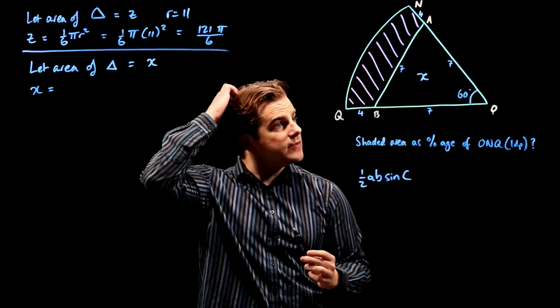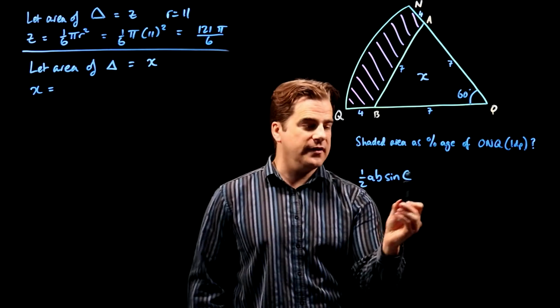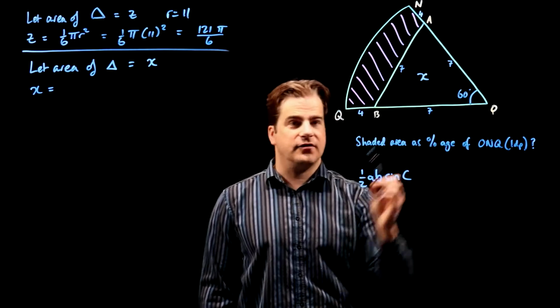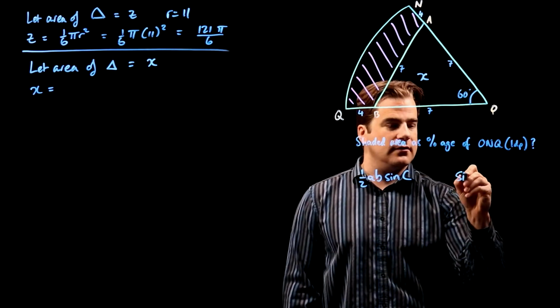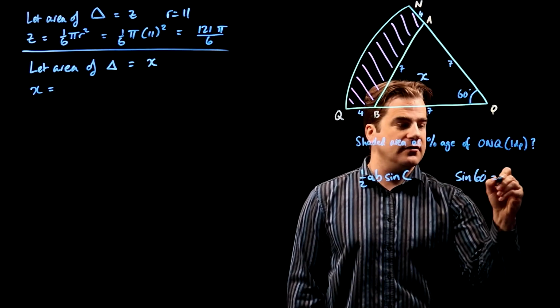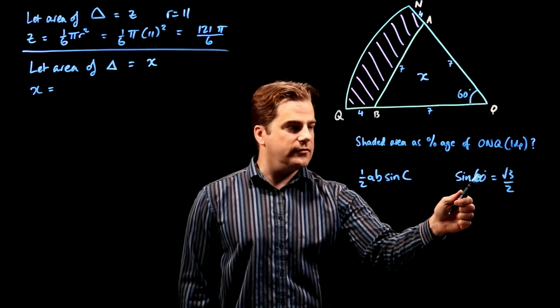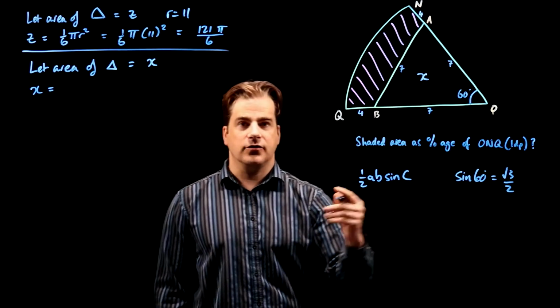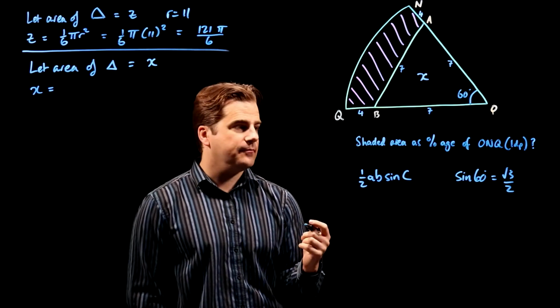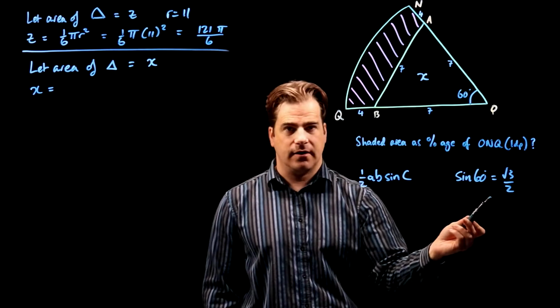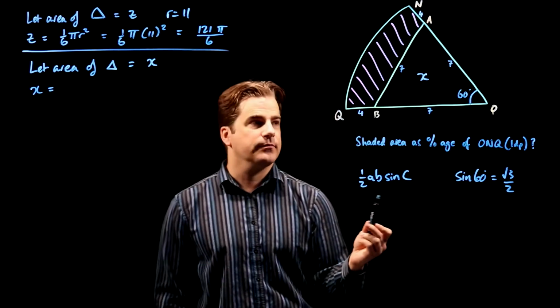So this is useful because we know straight away the sine of 60. Sine of 60 degrees is root 3 on 2. It's one of those values that you should know off by heart. Sine 60 is root 3 on 2, same as cos 30. That's also root 3 on 2.